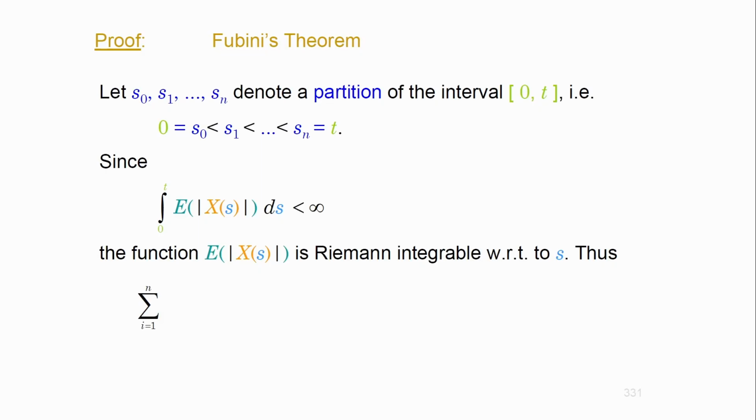This is the Riemann sum, by the way. The Riemann sum is going to be convergent. It converges as the number of subintervals of the partition increases, and that is the limit.